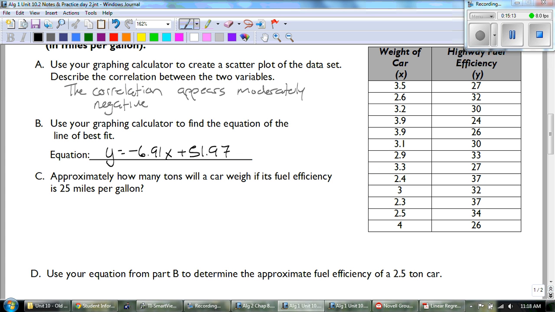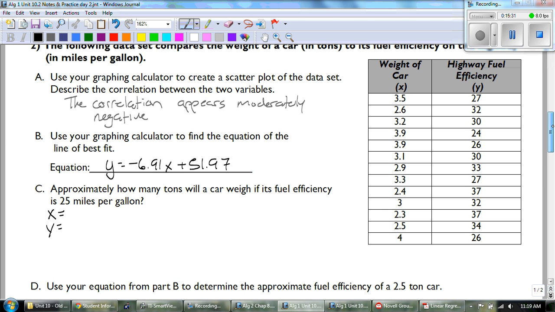Okay, so for C, they either tell us the X or the Y. So approximately how many tons will a car weigh if its fuel efficiency is 25 miles per gallon? So is that X or Y?